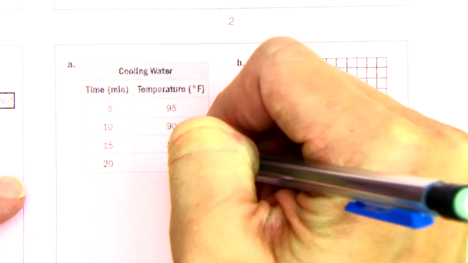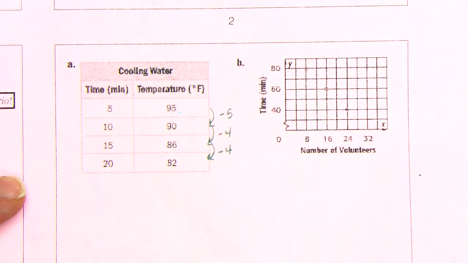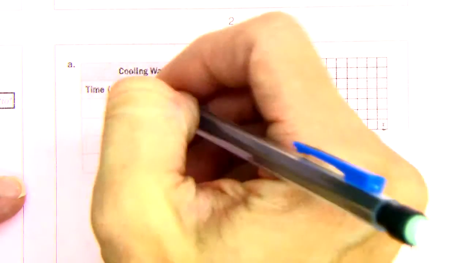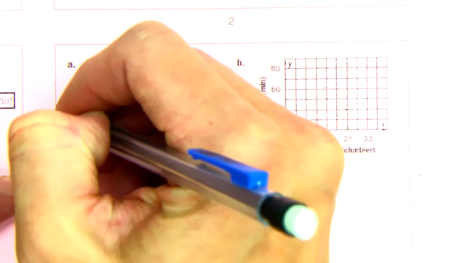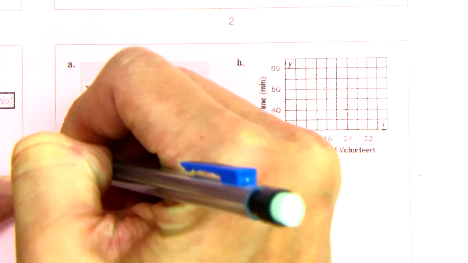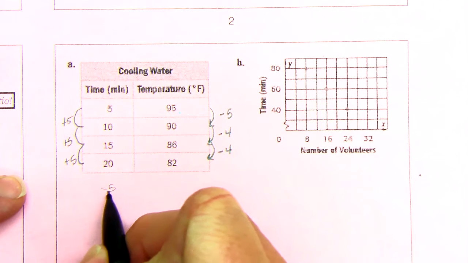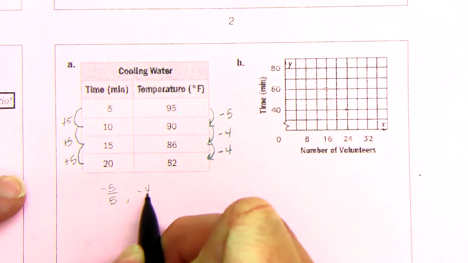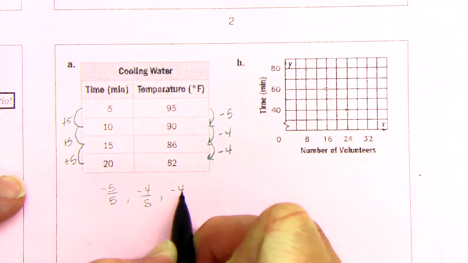So notice when it's going down, I am showing that with a negative. And over here on the time, the X, that's plus 5, plus 5, plus 5. So I got negative 5 over 5, negative 4 over 5, and negative 4 over 5.